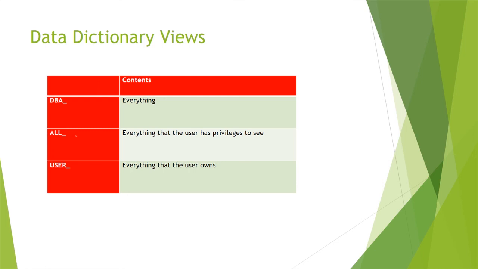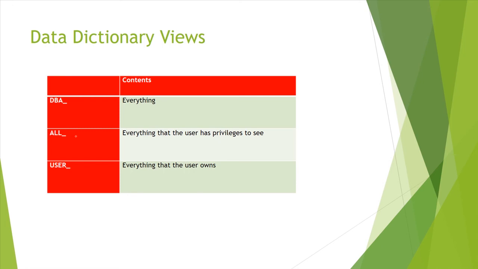If you connect to the database as the HR user and query USER_TABLES, it will show you only the tables that you own. So if the HR user has employees and departments tables, selecting from USER_TABLES will return only the employees and departments tables.